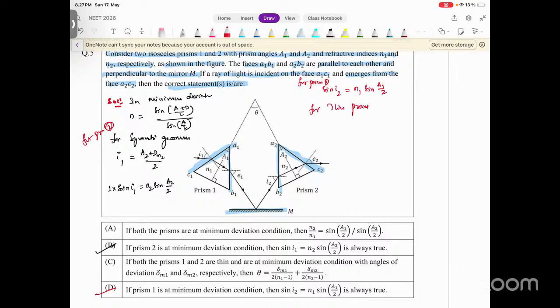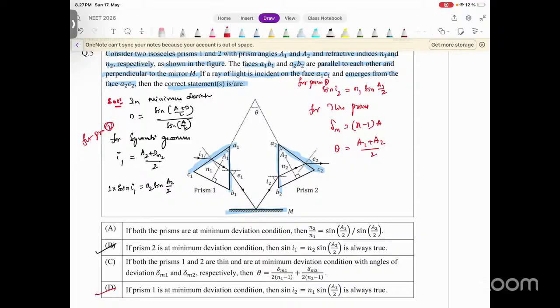For thin prisms, minimum deviation will be equal to (n minus 1) into A. So from this one, I can write here theta will be equal to (A1 plus A2) divided by 2, isn't it?